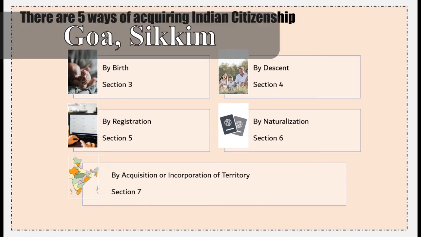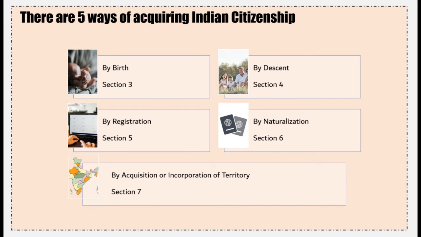Territories of Goa, Sikkim, Puducherry, Daman and Diu became part of India, and their populations became citizens of India. And in 2015, people in Indian enclaves in Bangladesh were given Indian citizenship after the land boundary agreement.